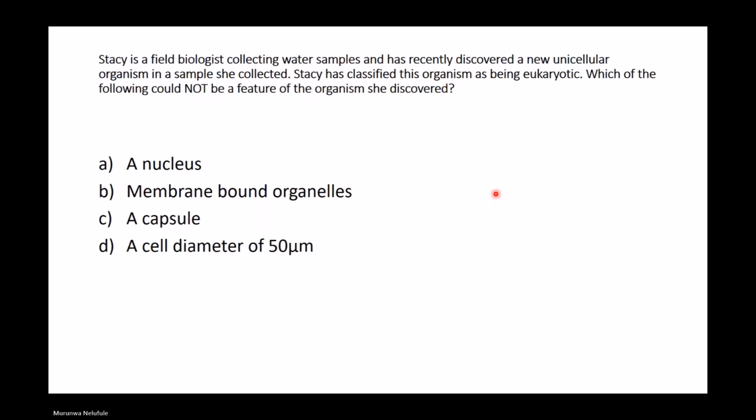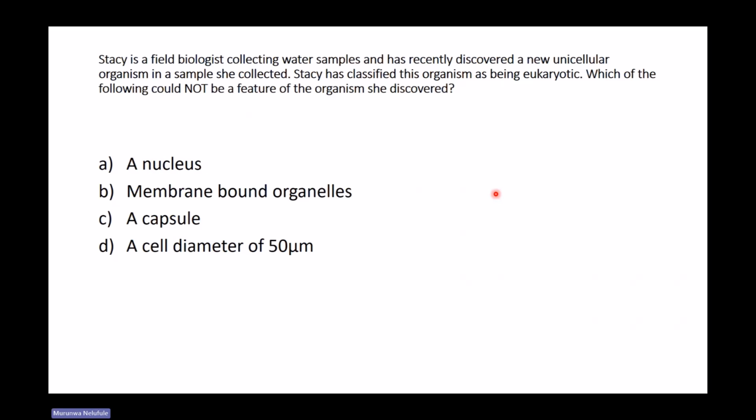You are, but not, at least to me, because you're saying that we must look at the first part of the question. So it's a new unicellular organism, but it has been classified as eukaryotic. So now do we run with it being eukaryotic, or do we say it's unicellular? The answer is, in some instances, not in this particular one.